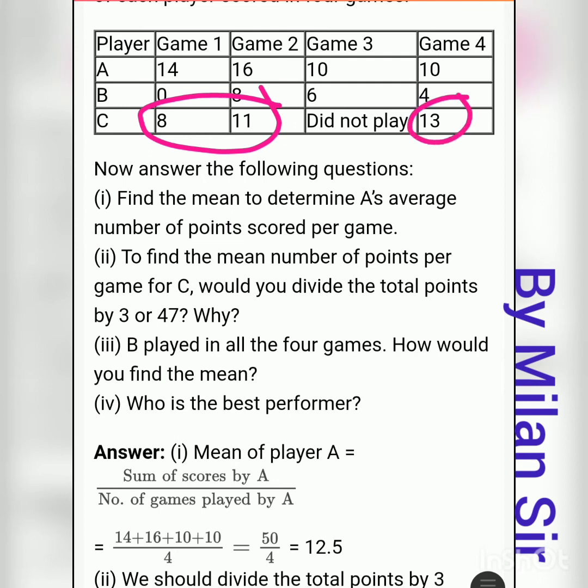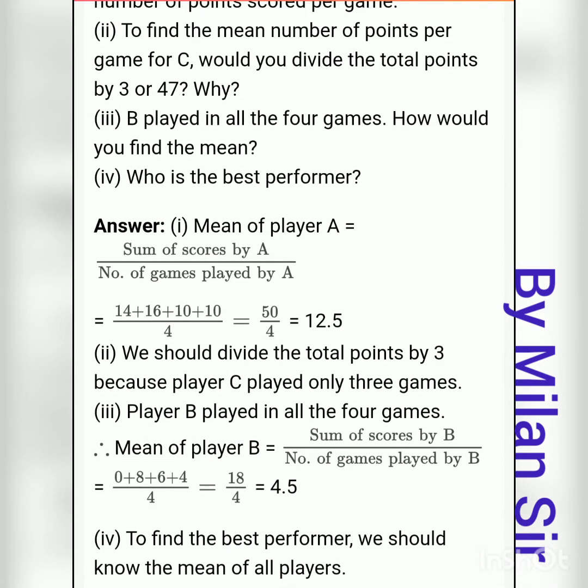Here we write only 3 because we have 3 scores only. This game he did not play, so we do not need to consider it. So for finding the mean for C, we consider only these 3 scores. That means we divide by 3. So we should divide the total points by 3 because player C played only 3 games.